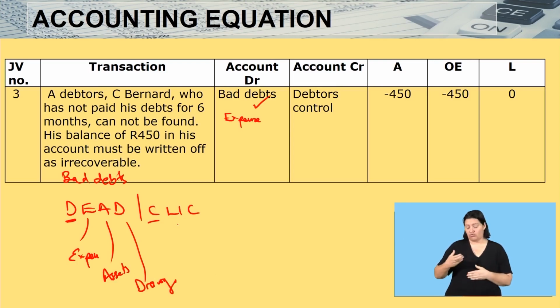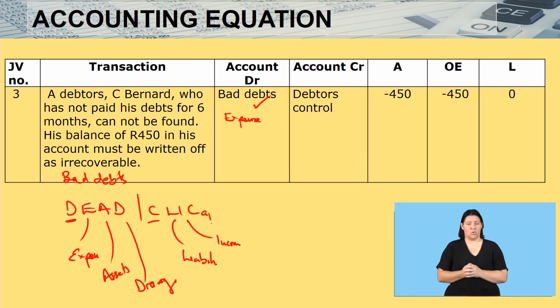And we'll credit our liabilities, our income, as well as our capital. We're talking owner's equity. So bad debts are an expense, hence I have debited them there. Debit click. And once I have an expense, owner's equity decreases, minus 450.